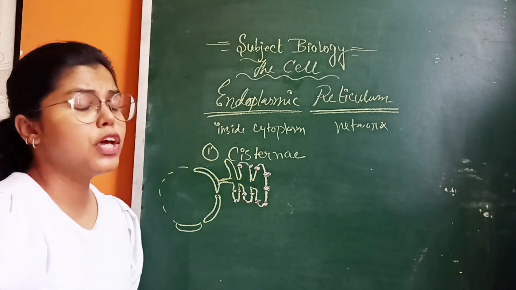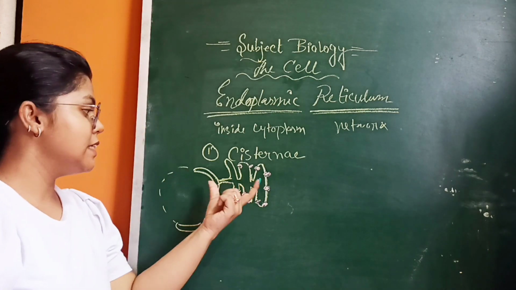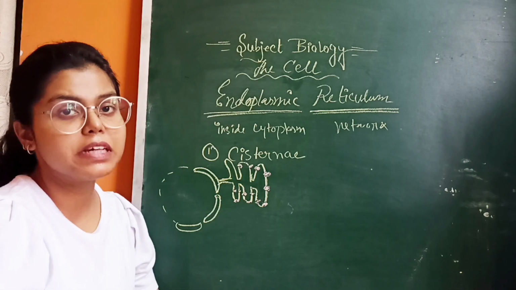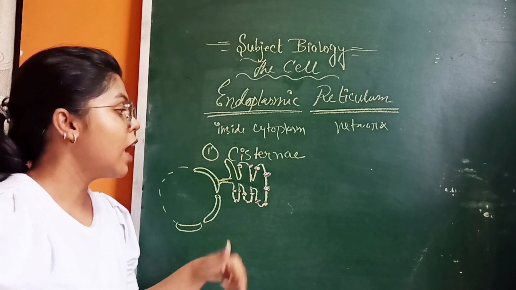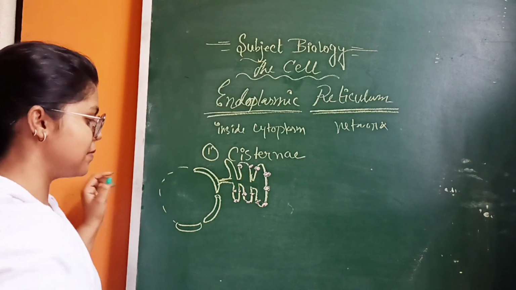The cisternae is unbranched. And this is basically the rough endoplasmic reticulum. I will discuss it later.